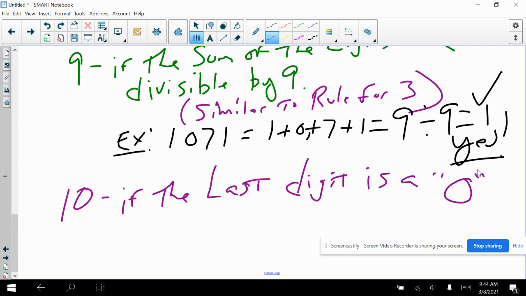You just wrote down the rule. You're going to need these for today and into tomorrow. But you can see that they're really not that difficult.